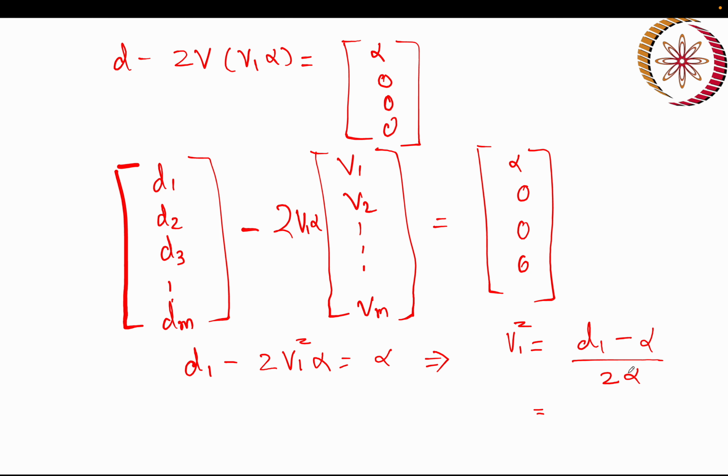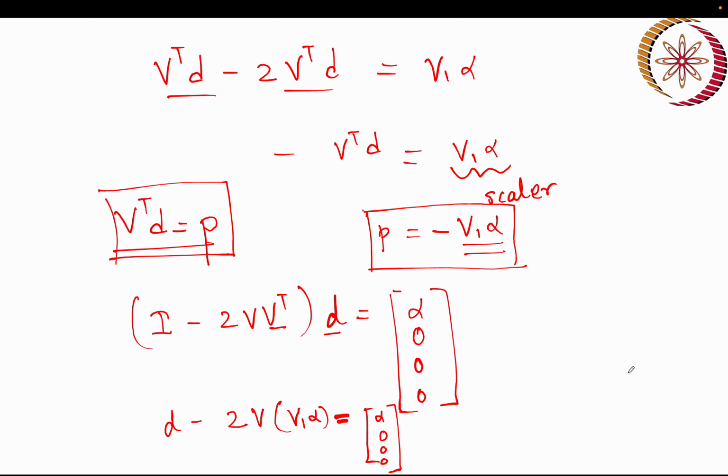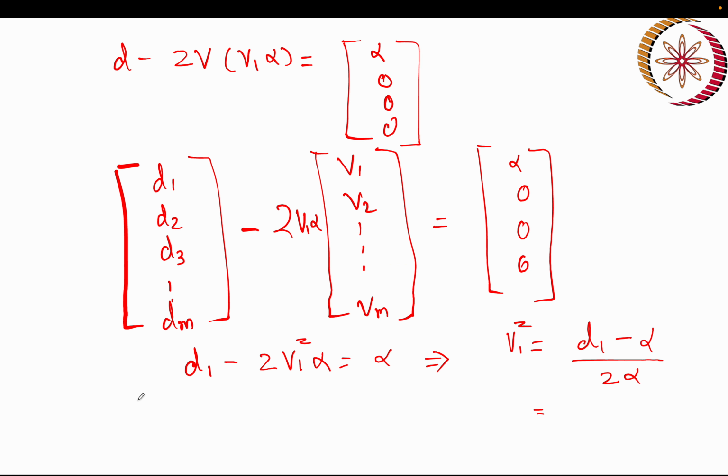One second, is that correct? Here I substituted the P value, which should actually be minus V1 alpha. I missed the sign here, so it will be D plus actually. So this should be plus.